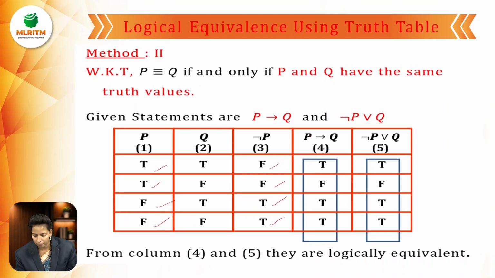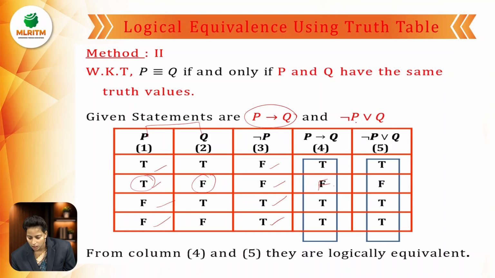Next, P implies Q. For implication, if the first variable is true and the second variable is false, then the result is false. Observe P and Q and apply these cases of the implication truth table. Otherwise, in the remaining cases, it is true.